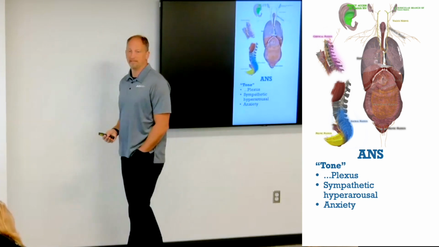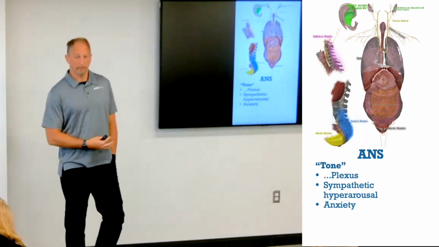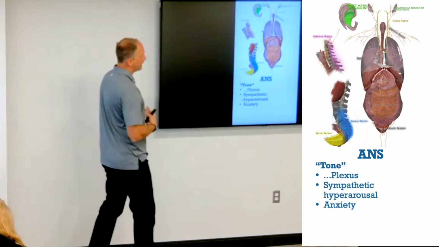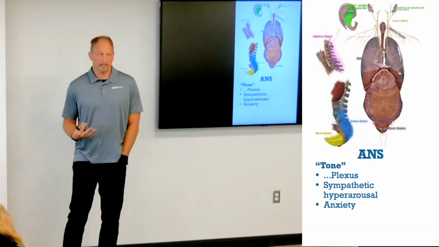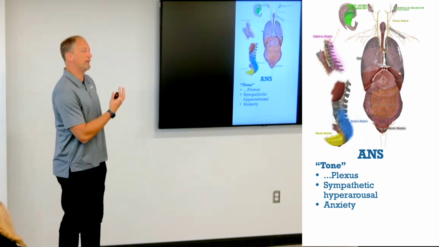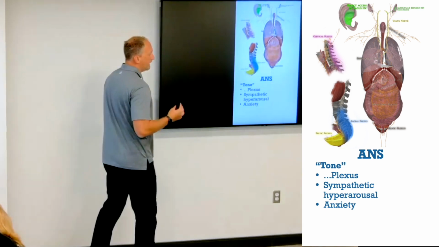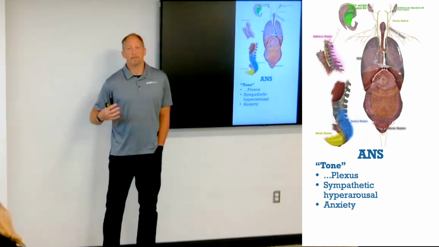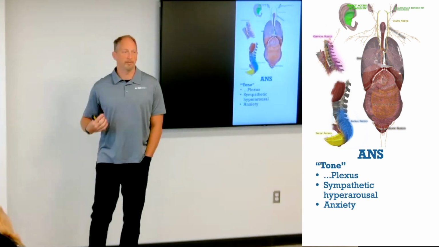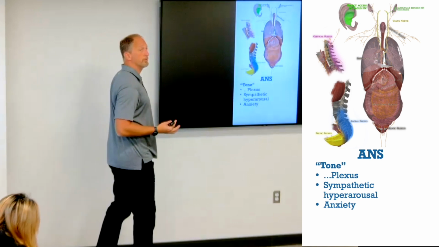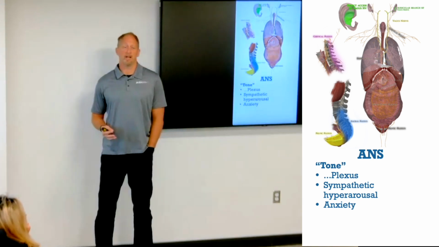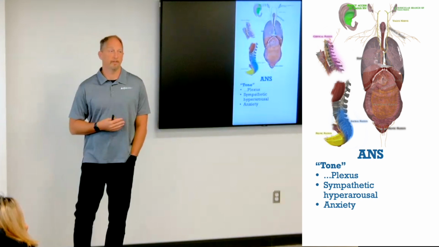All of these plexuses, a plexus is just a collection of nerves, are intertwined throughout the viscera. Which again, because of the deep front line and how it runs through there, is going to be very heavily influenced by the sensory input that is provided to the vagus nerve. And that's going to set the tone or influence what's going on within the autonomic nervous system from a fight or flight or rest or digest situation.